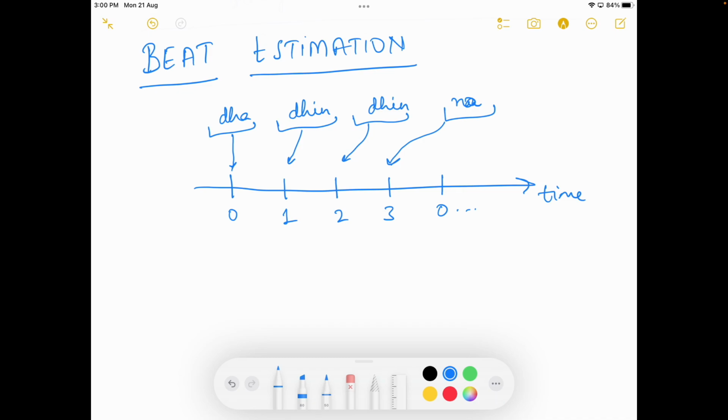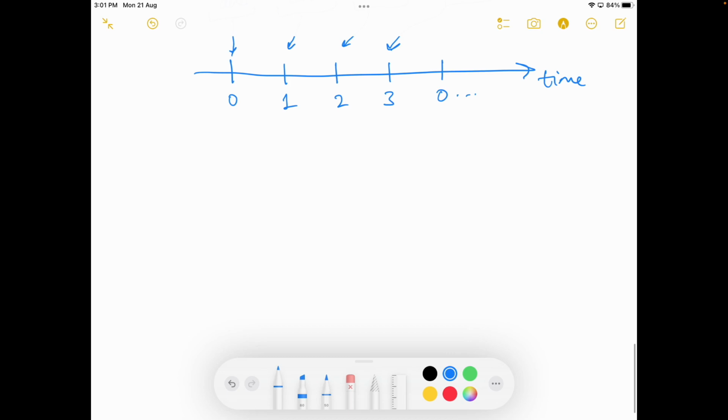How do you expect your audio waveform to look like? It will be something like this. You have a waveform like silence. Suddenly you have dha, then dhin, then dhin, then na, then again dha, like that, right?